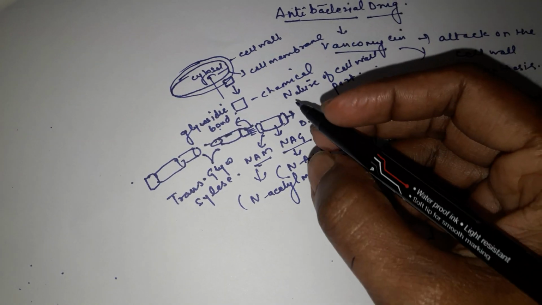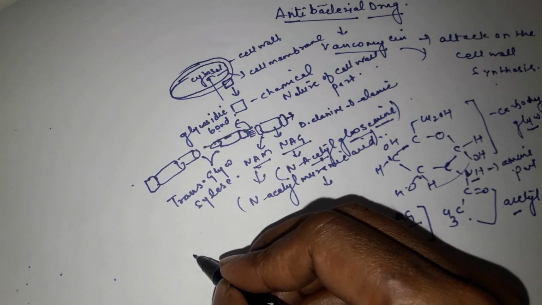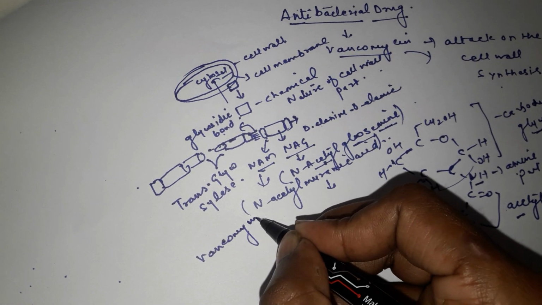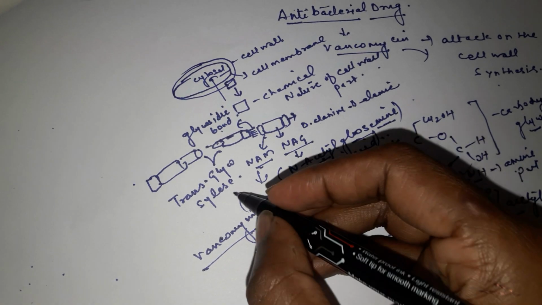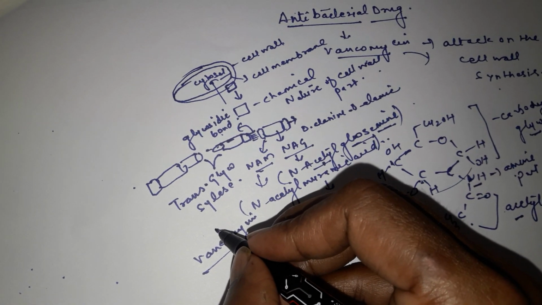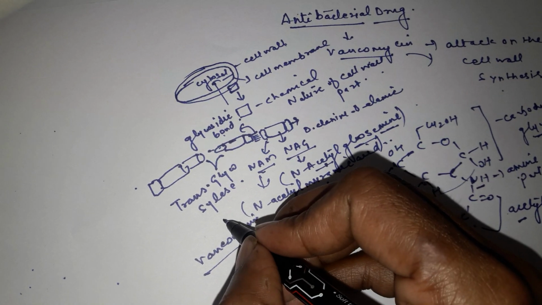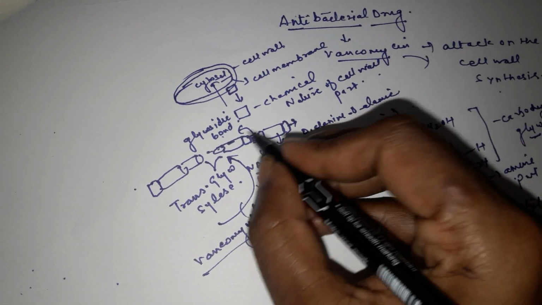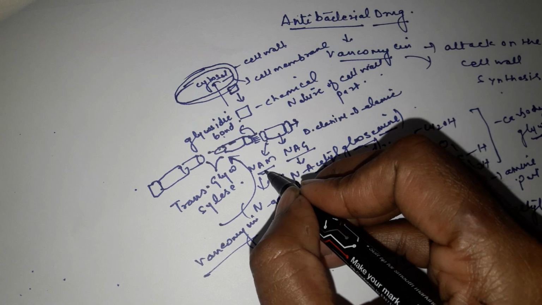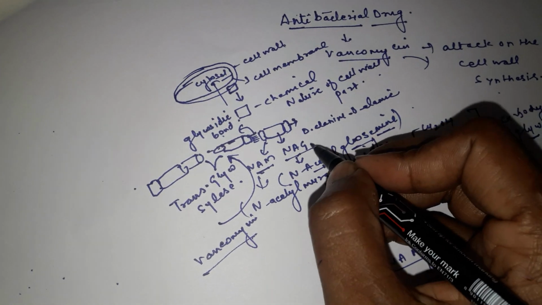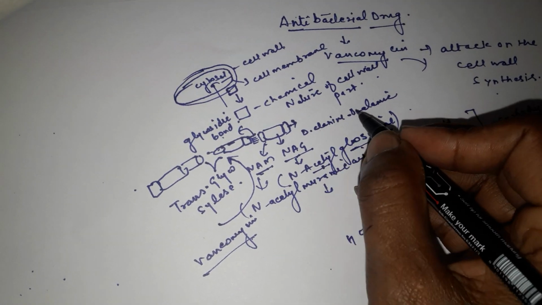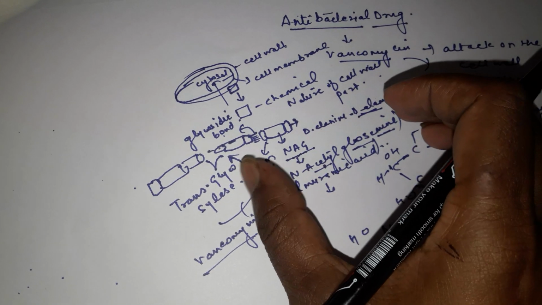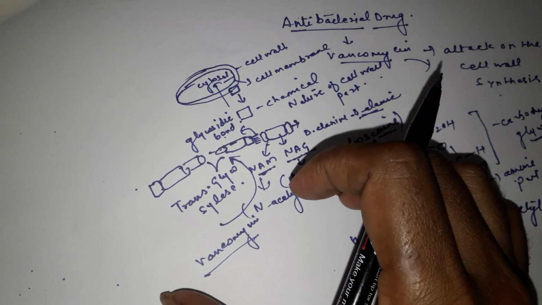Suppose this is vancomycin. When vancomycin is given to a patient, it will not affect these parts: NAG and N-acetyl muramic acid, and the amino acids.